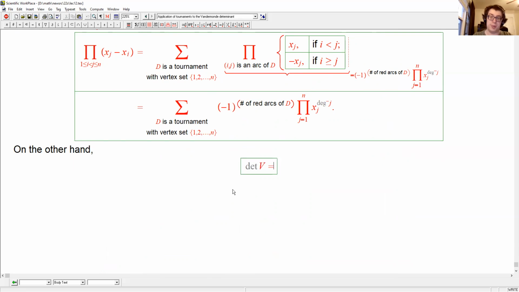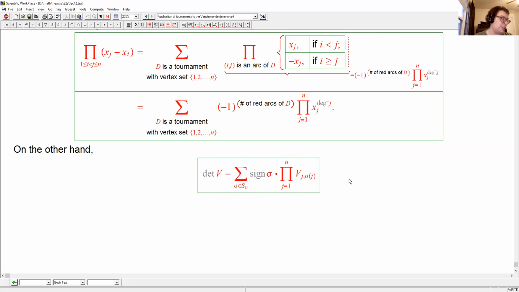Well, a determinant of a matrix, as you know, is the sum over all permutations of the corresponding set, sign of the permutation times the product of the corresponding entries.